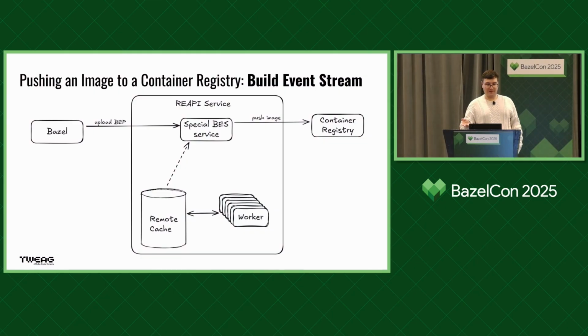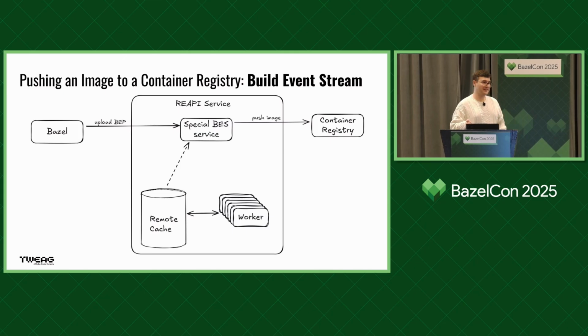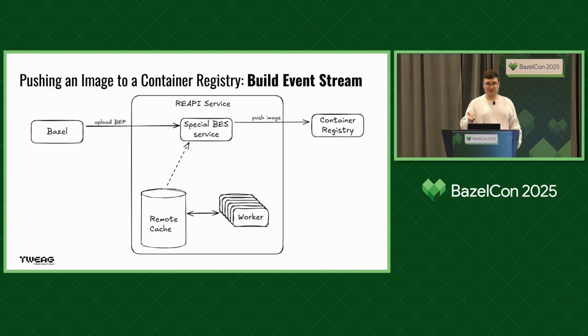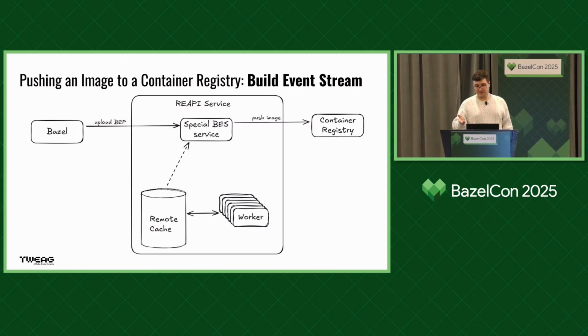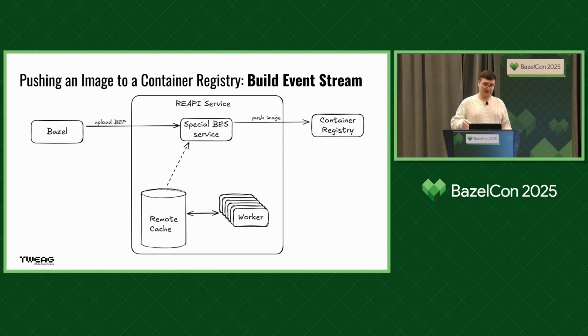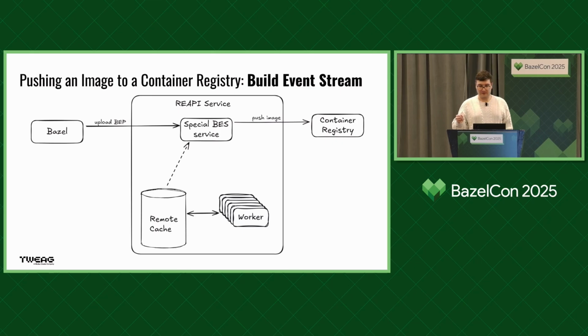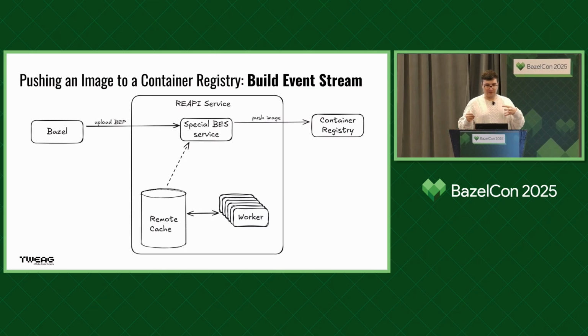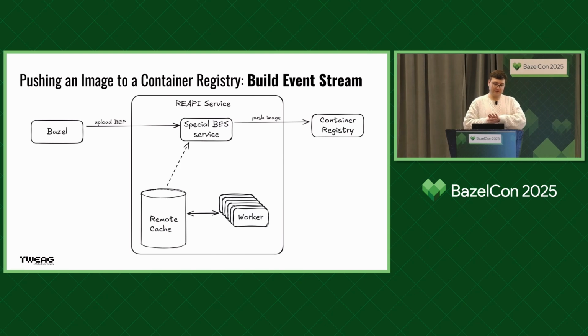And then the third one, that's the one I would say you should use if you have a big organization and you want to centralize how you push your images, and you want to make it really fast. This is the build event stream method. So in rules_img, we also ship a custom build event stream listener.